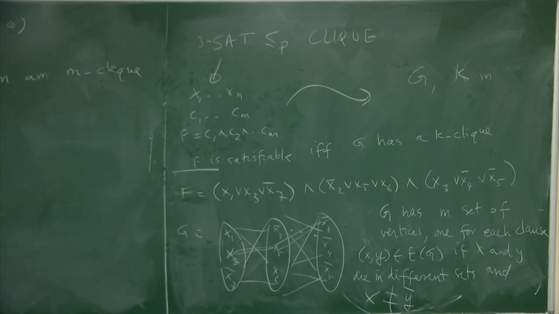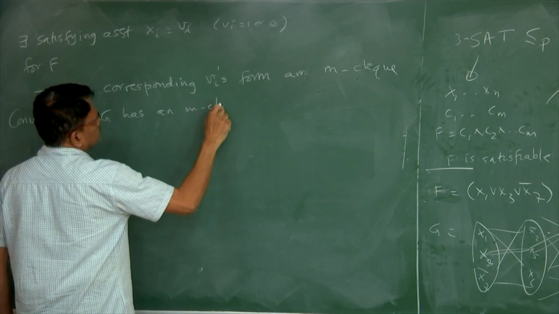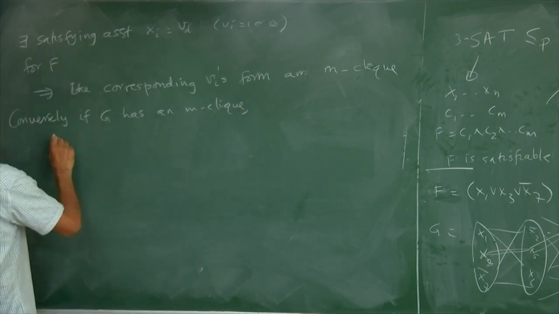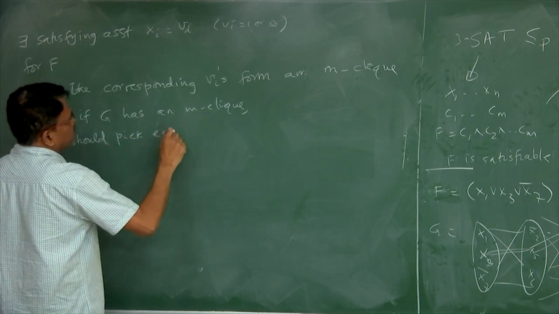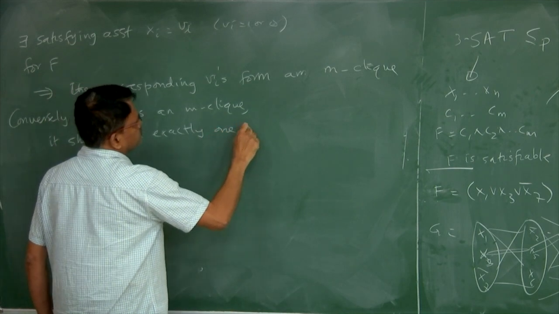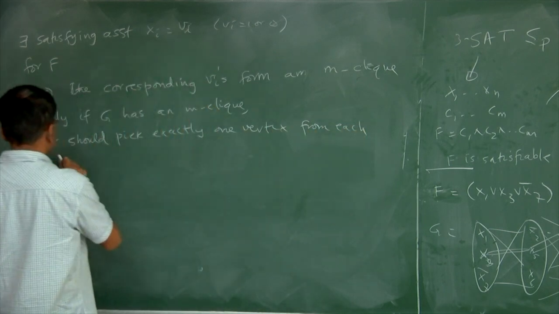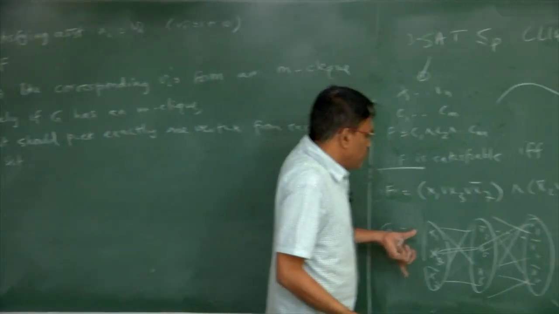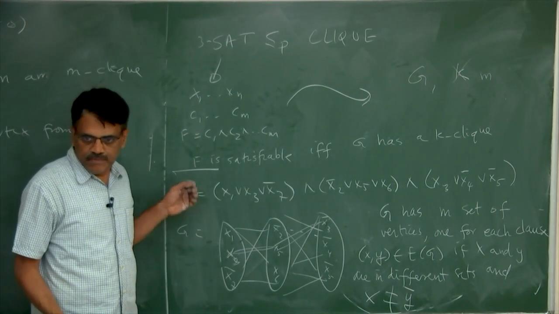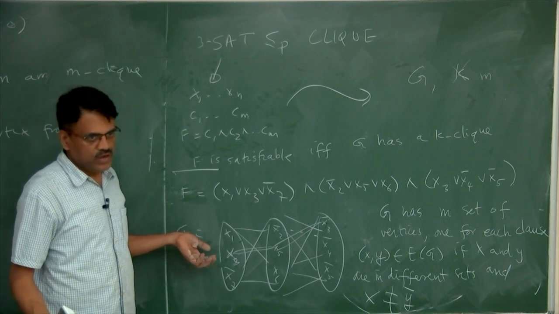let me just write. The click should pick exactly one vertex from each set. Why? Because you cannot pick 2 from a set, since each set is an independent set by my construction, so it cannot pick more than 1.